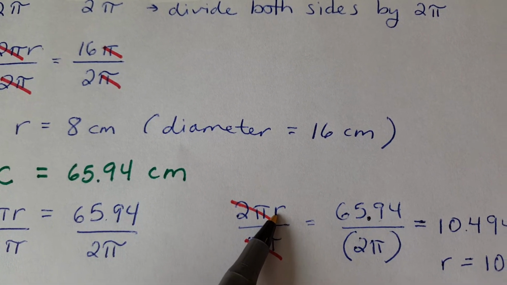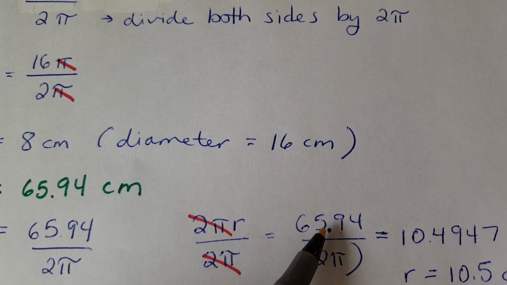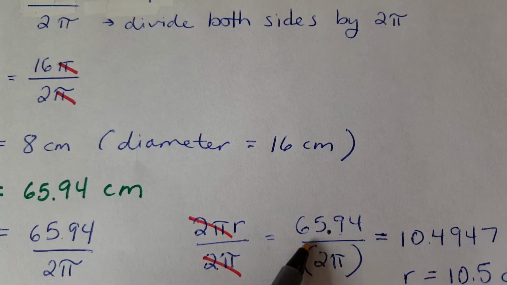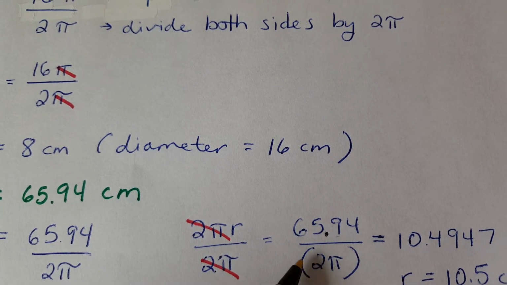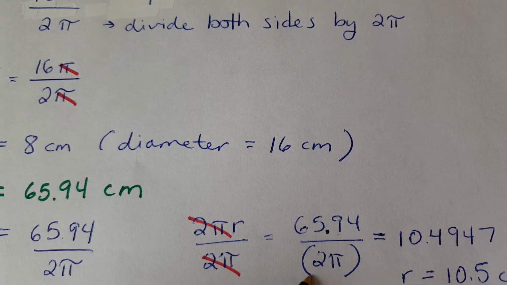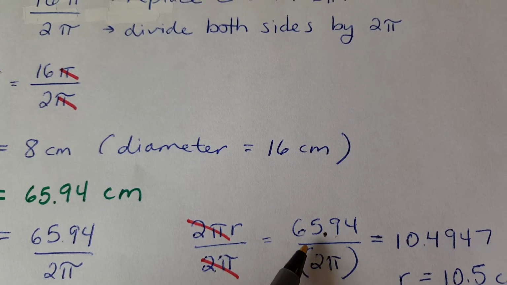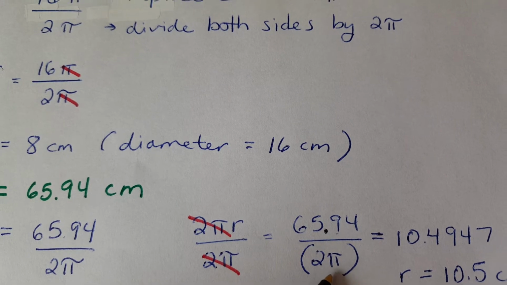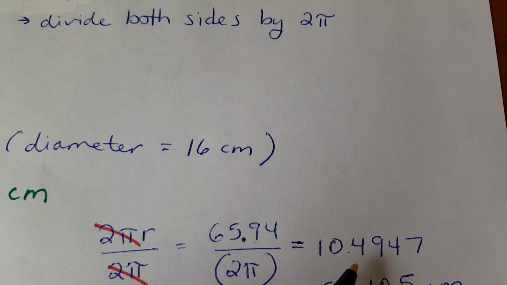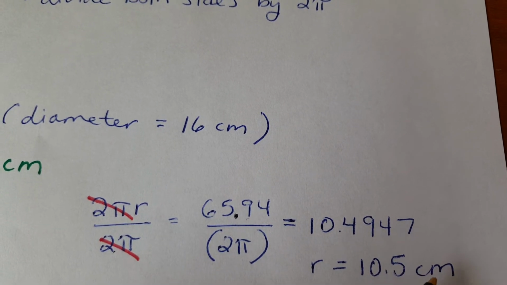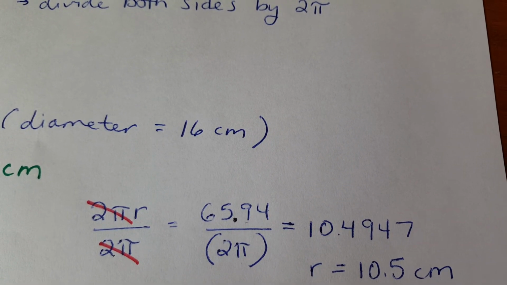We're left with r. And over here, I don't have a pi to simplify with, so I'm just going to divide this on my calculator, but make sure that you have parentheses around 2 pi. If you don't, the calculator will divide by 2 and multiply the whole thing by pi. We get 10.4947, etc., so I rounded that to 10.5 centimeters for the radius.